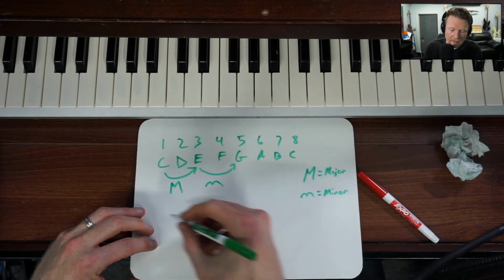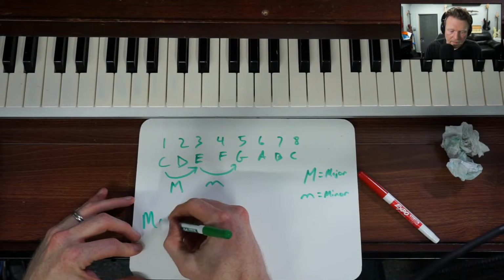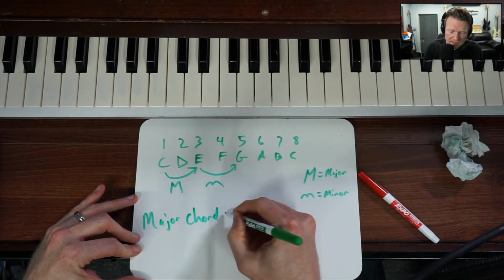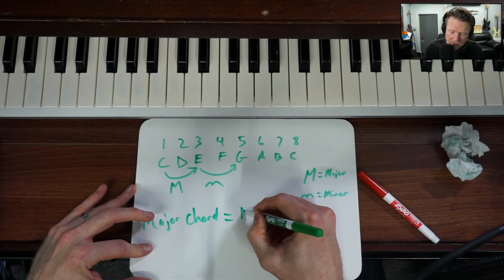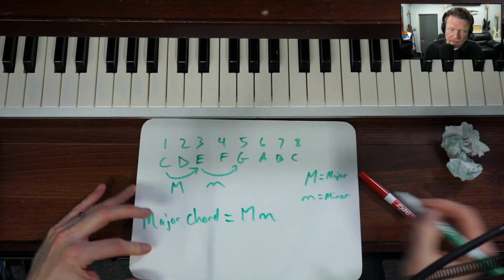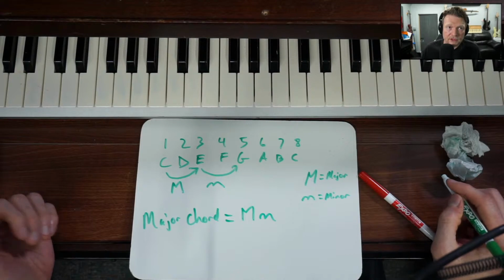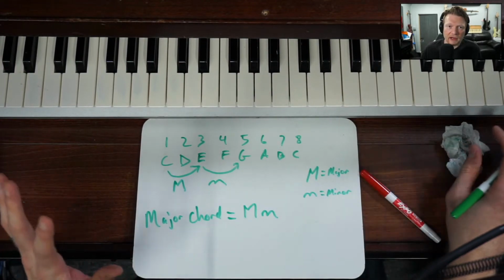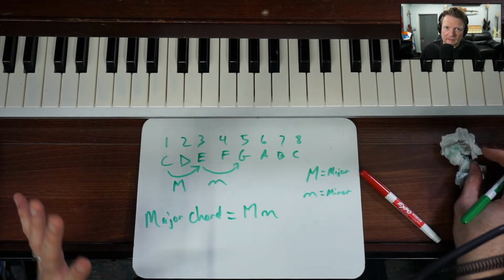Okay, so a major chord equals a major third and a minor third put together. So if you can figure out major thirds and minor thirds, immediately you've got this.